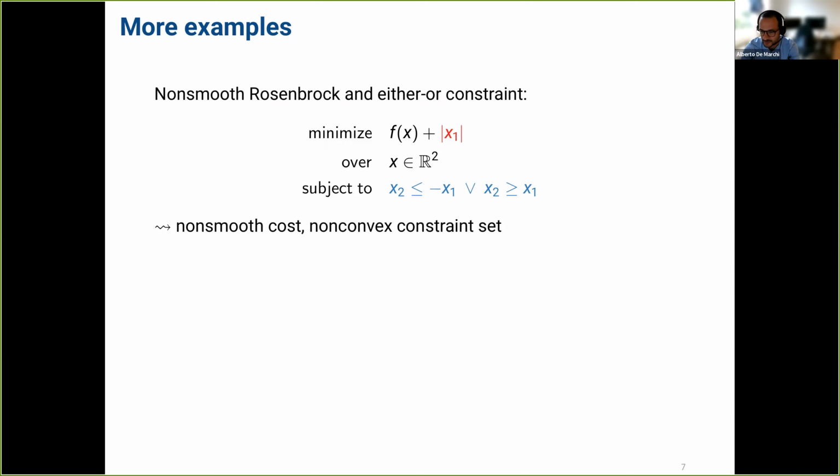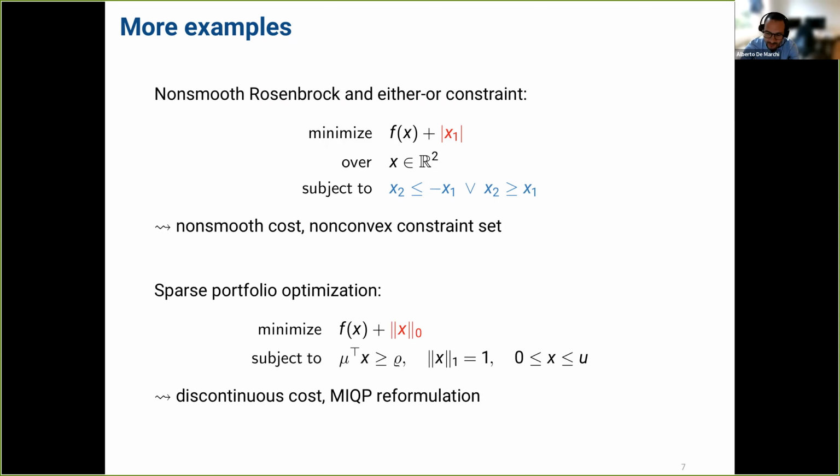The constraint set in this case has a strange shape, which is not easy to model using nonlinear programming. Finally, another example is a sparse portfolio where we have this l0 quasi-norm in the objective to penalize the entries of x being non-zero. Okay, this is the motivation behind the investigation we have in this work.